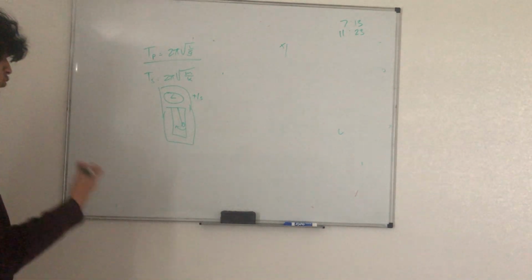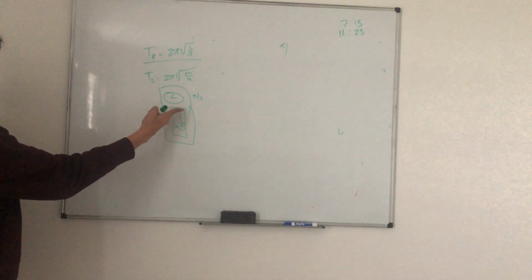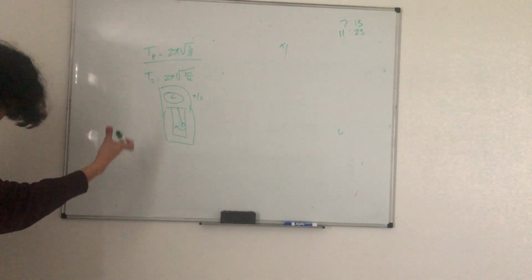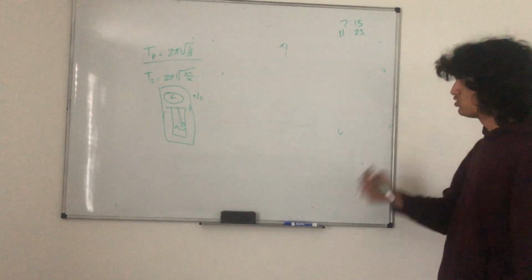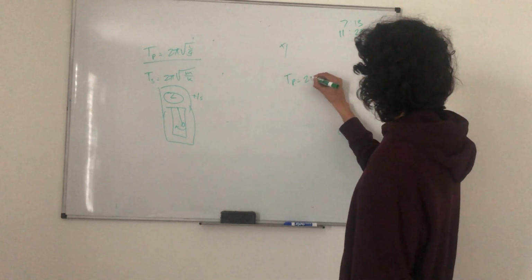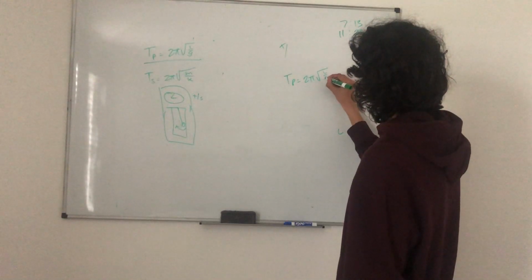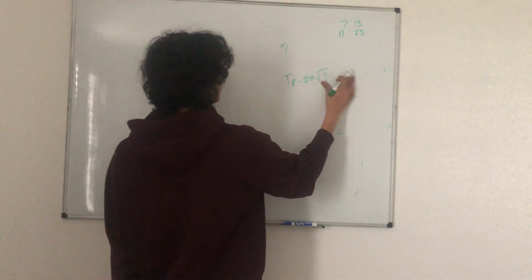So what is the length of the pendulum for a grandfather clock? You just have to use the equation. T equals 2 pi square root L over g. We're going to assume we're on Earth, so we can just put 9.8 here.